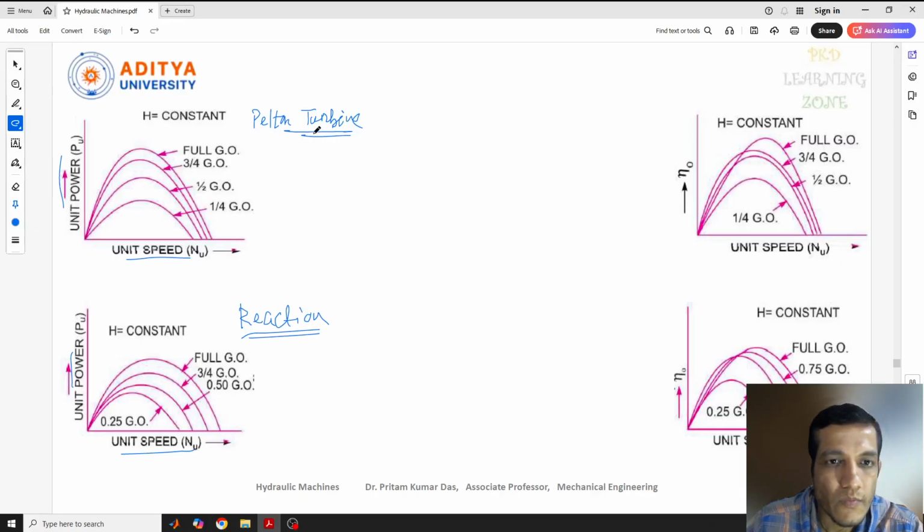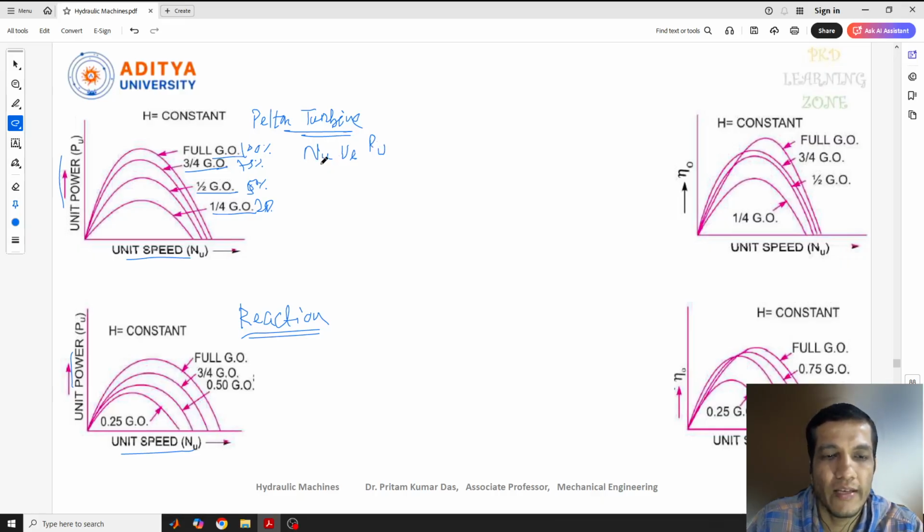So in the Pelton turbine, the diagram starts here. Here also the same thing: 1 by 4 gate opening, 1 by 2 gate opening, 3 by 4 gate opening, and full gate opening. So 1 by 4 is nothing but 25%, 50%, 75%, and this is 100%. Now we can see this is unit speed versus unit power.